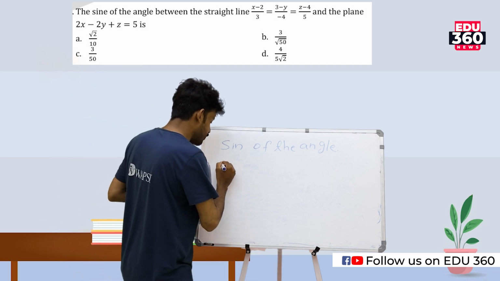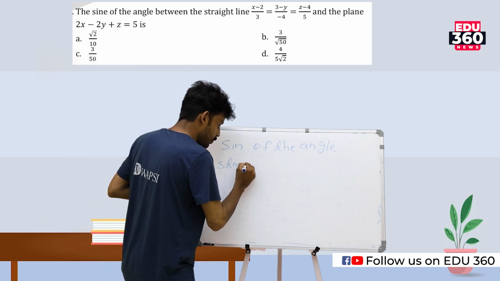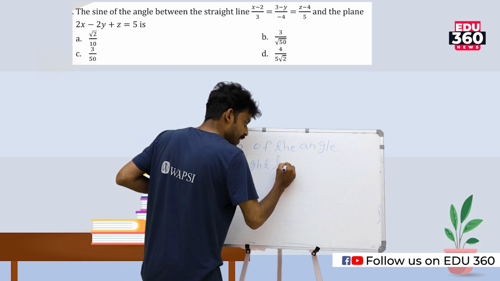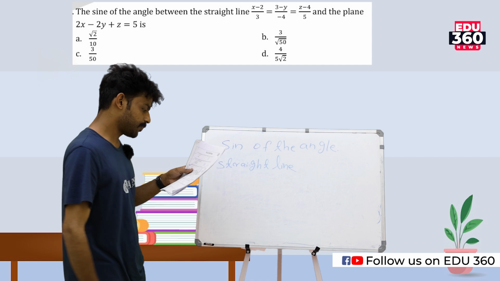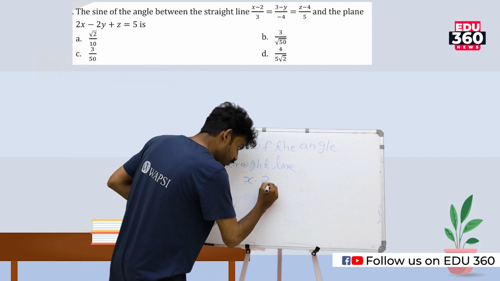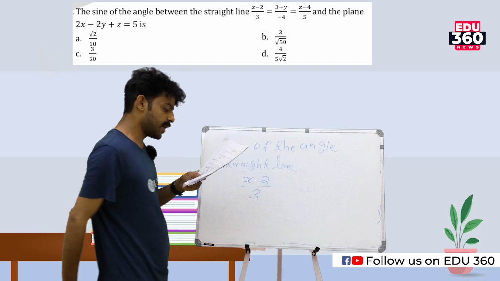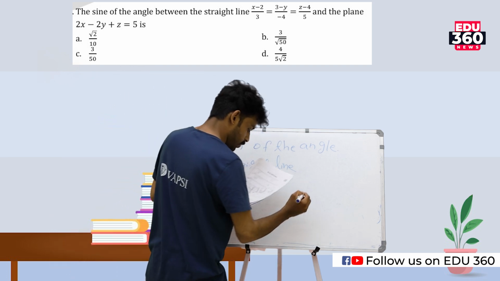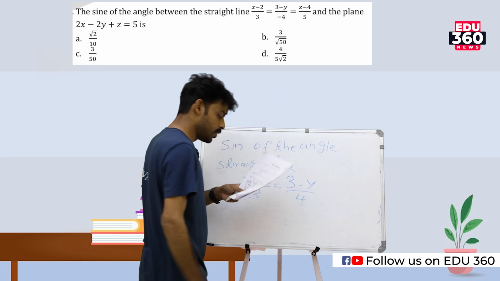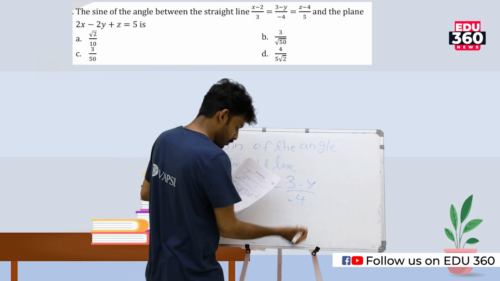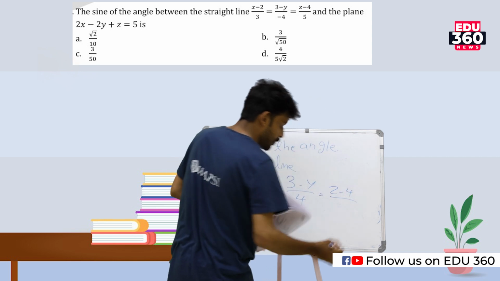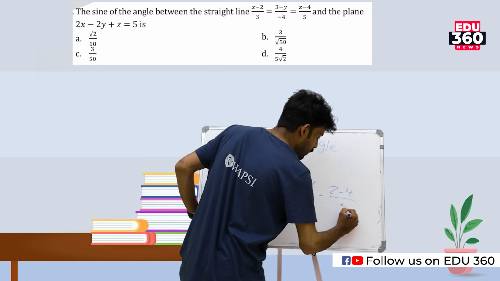The straight line is given in the question as (x minus 2)/3 is equal to (3 minus y)/(minus 4), which is equal to (z minus 4)/5.